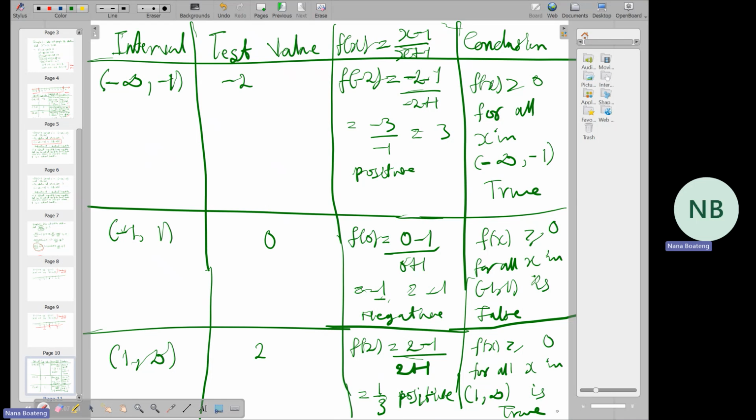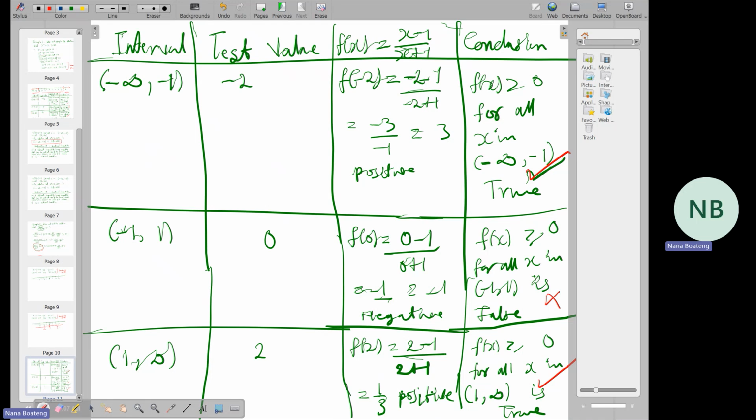So this will be part of our solution set. This will not be part of our solution set because the statement is false in that interval, and this will also be part of our solution set.